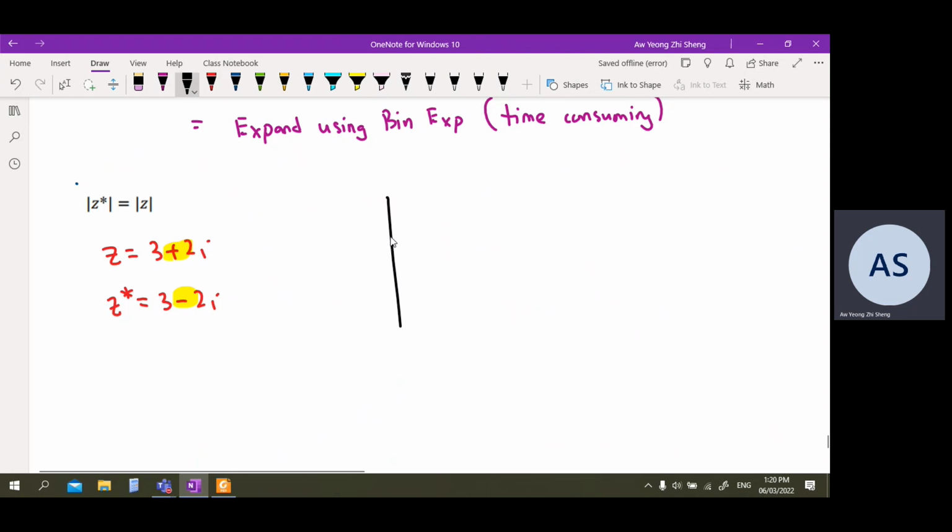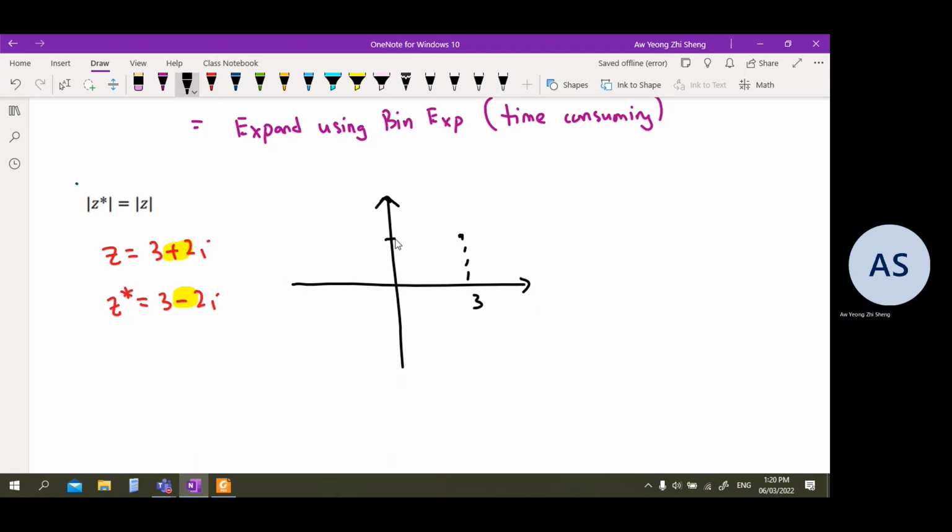Okay, now, if you visualize the Argand diagram, taking the conjugate is actually reflecting the point in the x-axis. So if this is originally my point (3, 2), the point representation of z, then the point representation of z star is actually just a reflection in the x-axis, where I have (3, -2) being here.